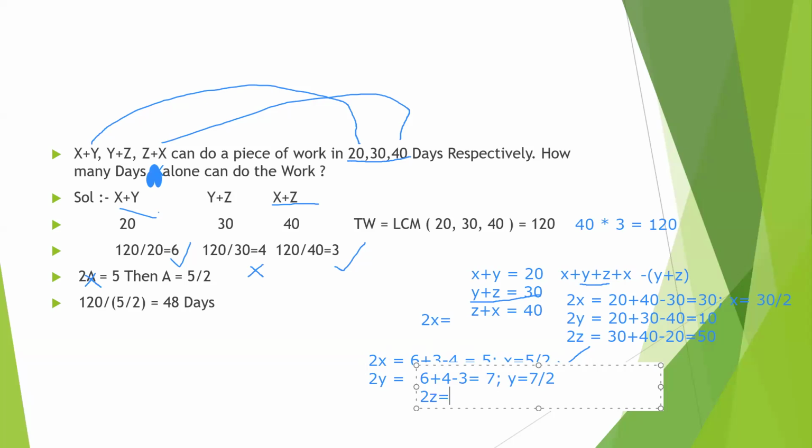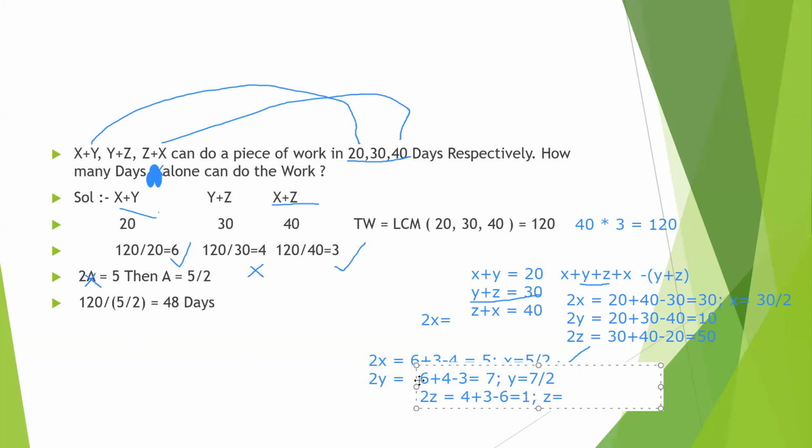In the same way, we can do the z. 2z equal to, where the z is present, second one and third one. So 4 plus 3 minus 6, that equal to 7 minus 6, 1.